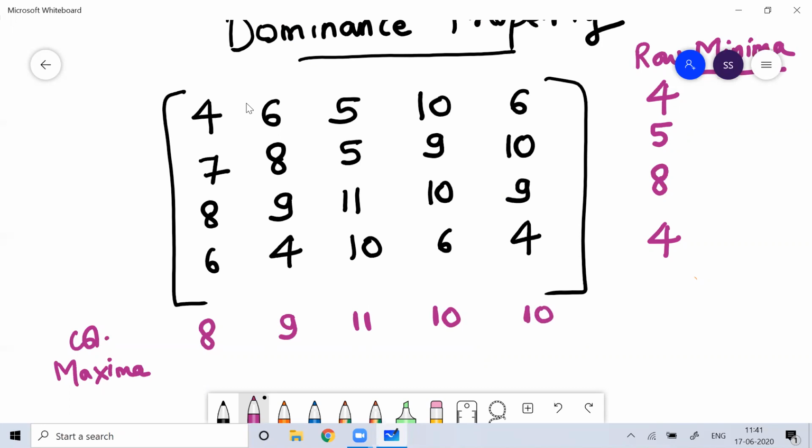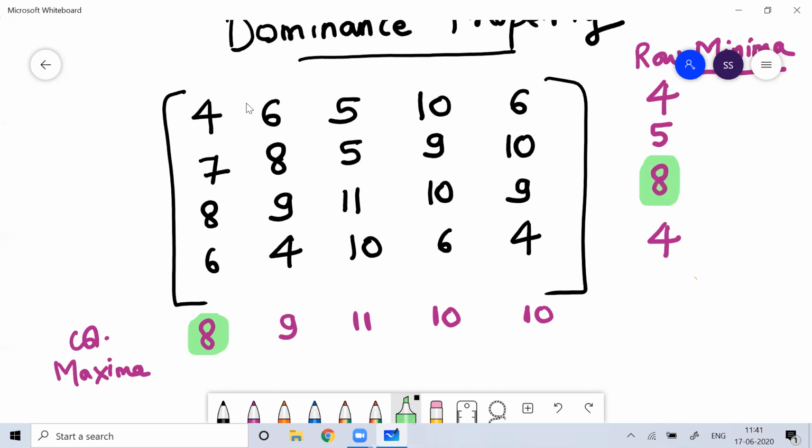Now in pure strategy, we find the smallest element from all the column maxima, which is 8, and the largest element from the row minima, which is also 8.